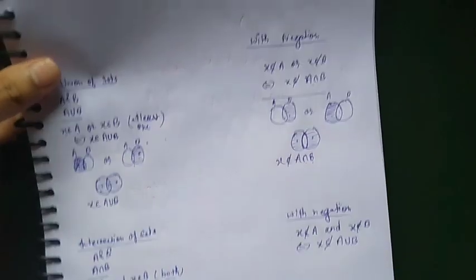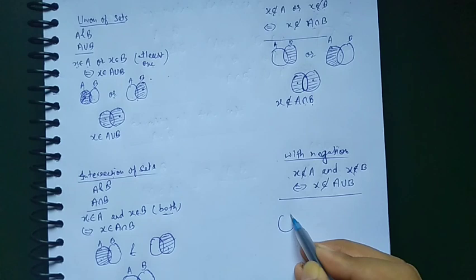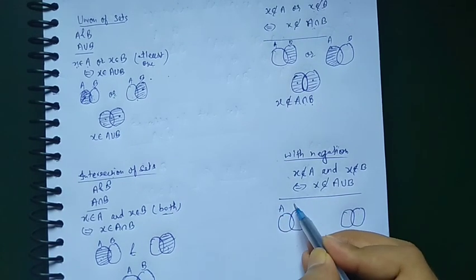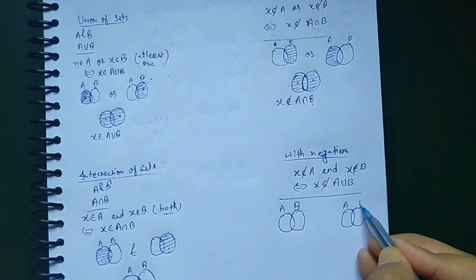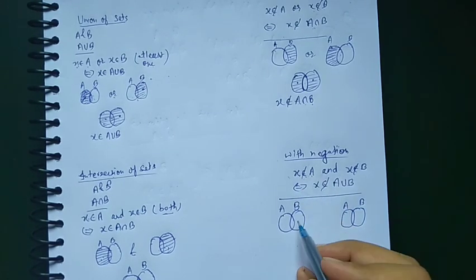Similarly, for the negation of intersection, we take A union B as universal set. Then X doesn't belong to A, so where will X be?